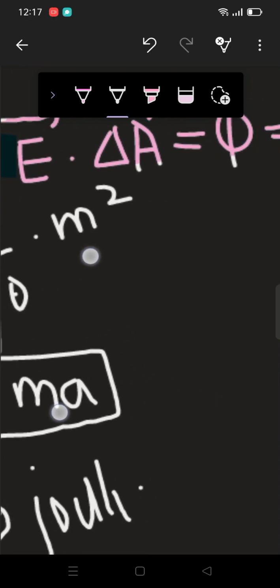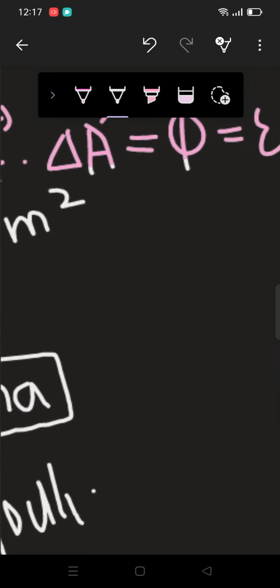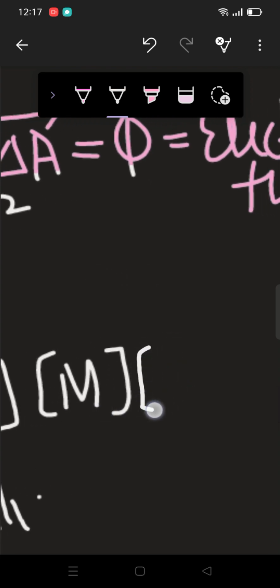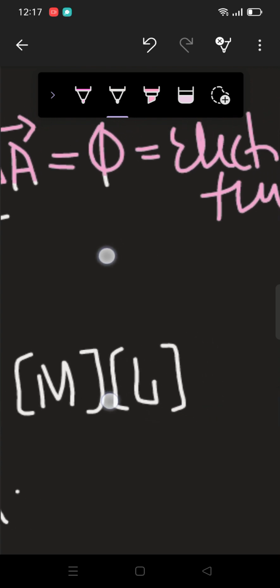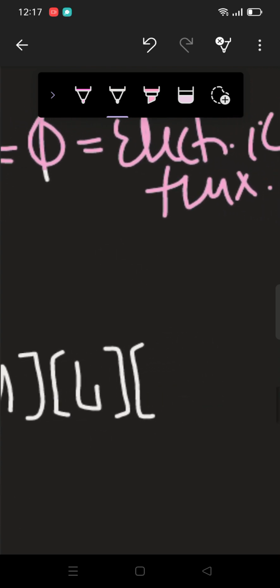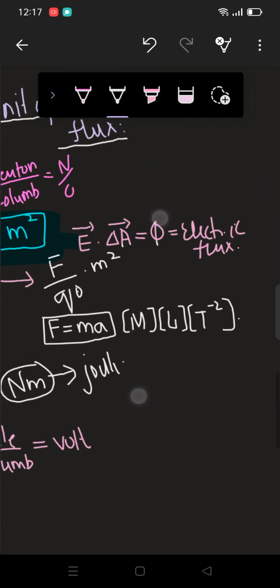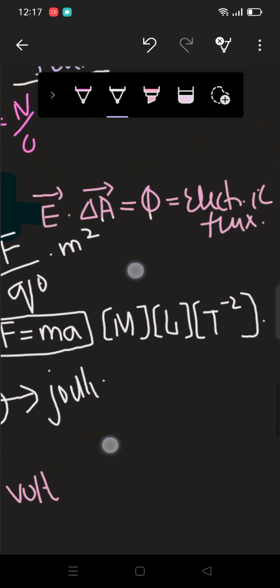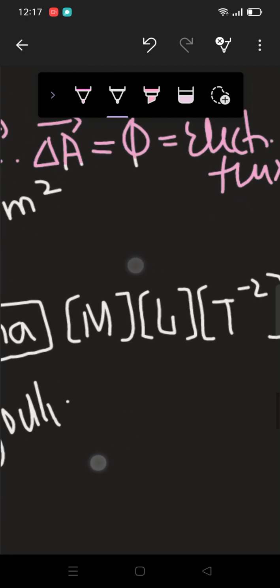F is equal to ma, where the mass is m and acceleration is meter per second square. Meter means L, per second square means t minus 2. So this was the dimension of the force. As you can say, Newton is equal to m L t minus 2.